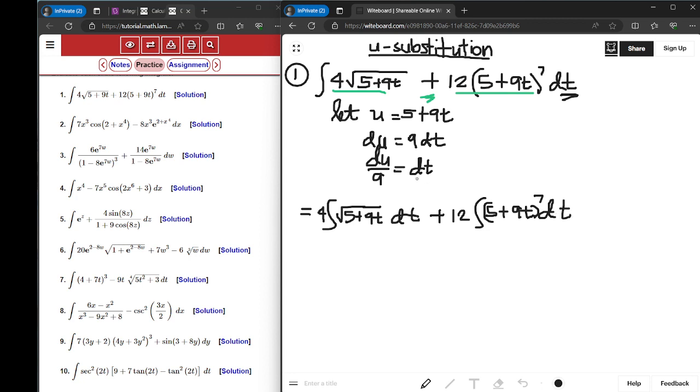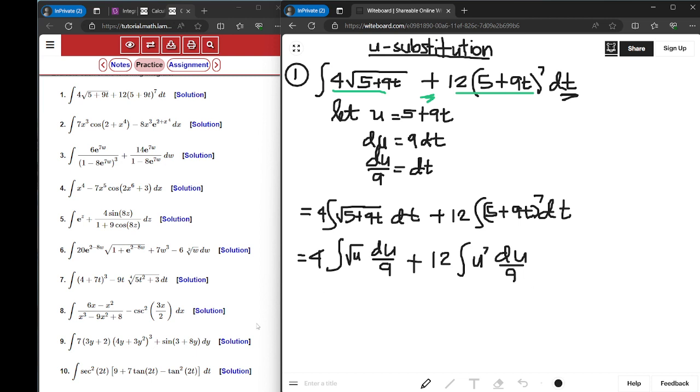We have here earlier that if we let u be equal to 5 plus 9t, then this is 4 times the integral of the square root of u, and dt is du over 9. And in the next term, this is 12 times u raised to power 7, and dt is du over 9.